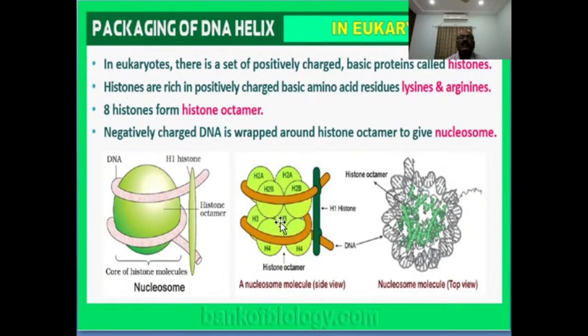This is called the histone core. The histone core is wrapped by DNA, wrapped 2 turns with the DNA. So in eukaryotes, there is a set of positively charged basic proteins called histones. Histones are rich in positively charged basic amino acid residues, lysine and arginine.